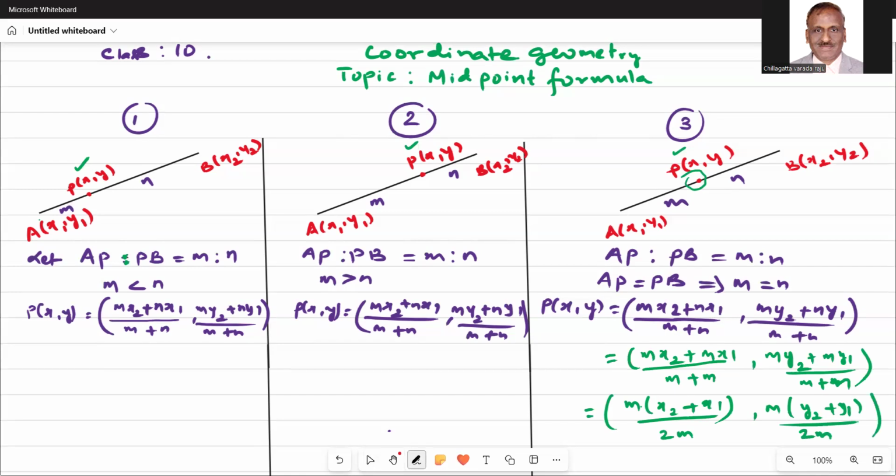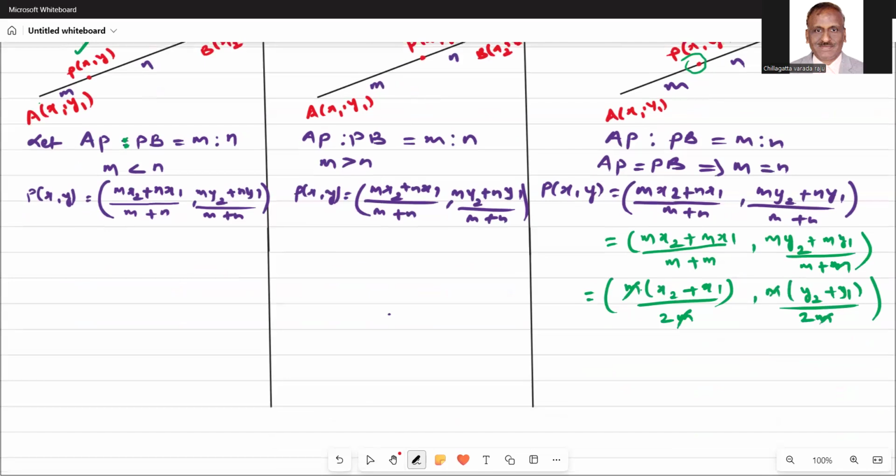Can't you cancel this m and m for the x coordinate as well as for the y coordinate? What you are left with is (x2 plus x1) by 2, that is (x1 plus x2) by 2, and (y2 plus y1) by 2, that is (y1 plus y2) by 2.